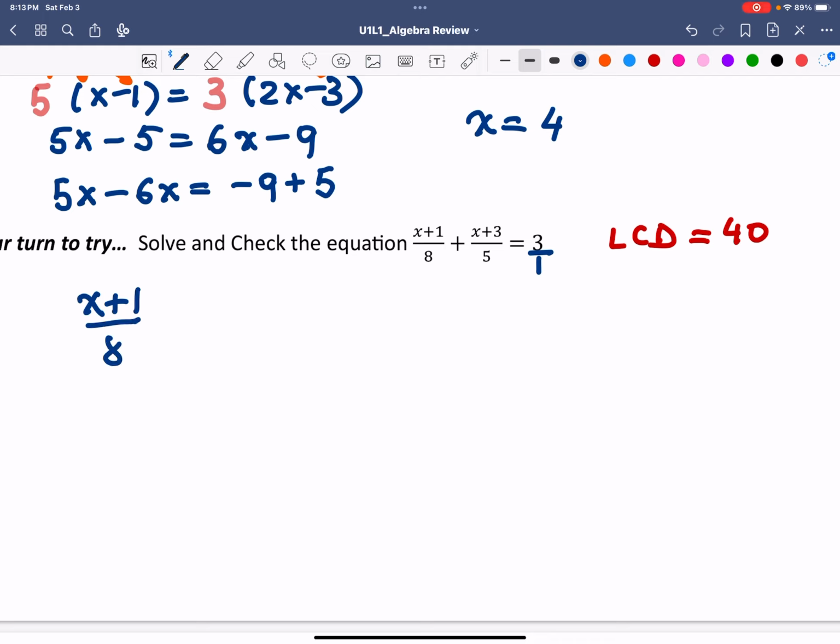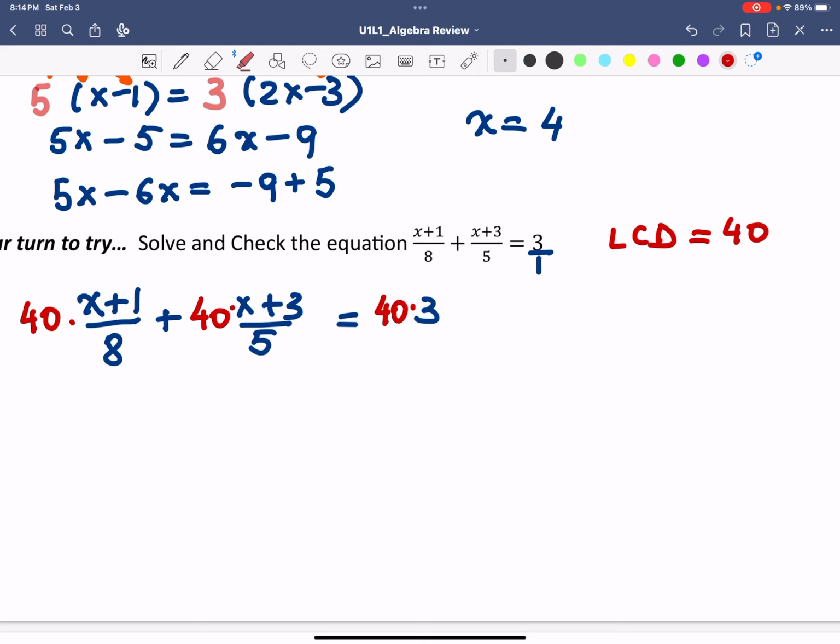So again, same strategy. The first term, x plus 1 over 8, will be multiplied by 40. The second term, x plus 3 over 5, multiplied by 40. The last term, which is 3, multiplied by 40.